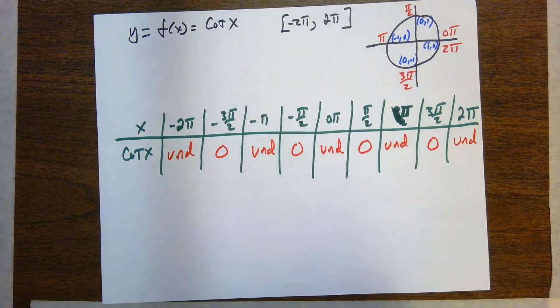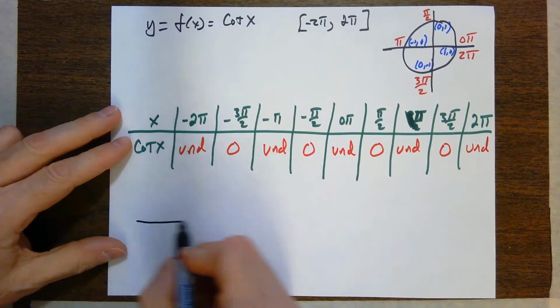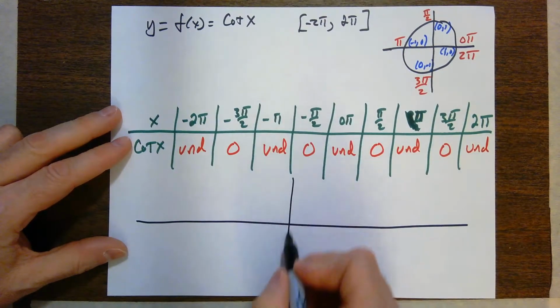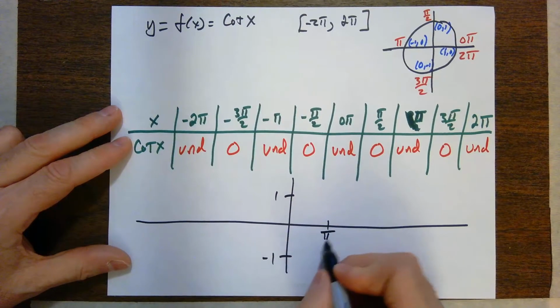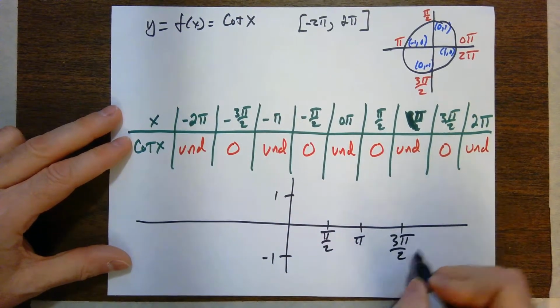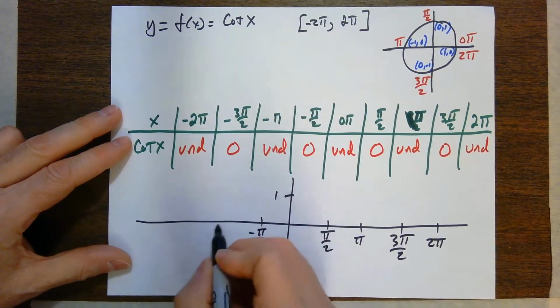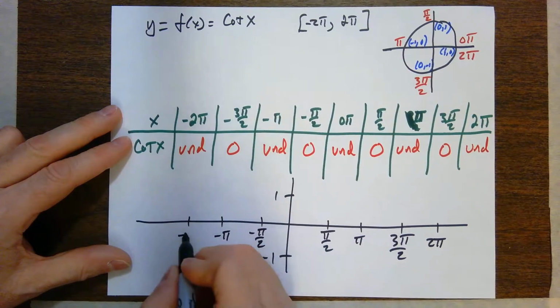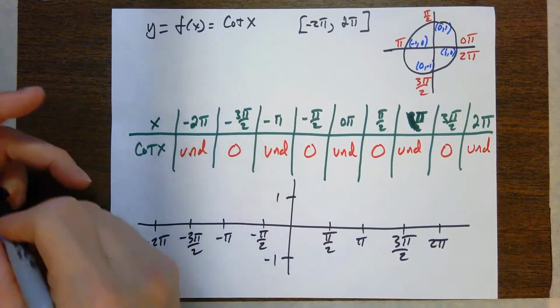So again, it looks very similar. We can see the same kind of situation is going to happen here. Let's graph this thing and take a look at it and see what it looks like graphically. Negative 1 and positive 1, and pi over 2, pi, 3 pi over 2, and 2 pi, negative pi over 2, negative pi, negative 3 pi over 2, negative 2 pi.